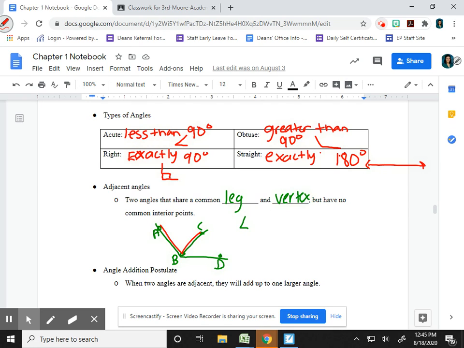This angle, angle ABC, is going to be adjacent to angle CBD, because they share this leg. The leg they share is right here, and they share that vertex also, but they don't have any inner points that share together with that.